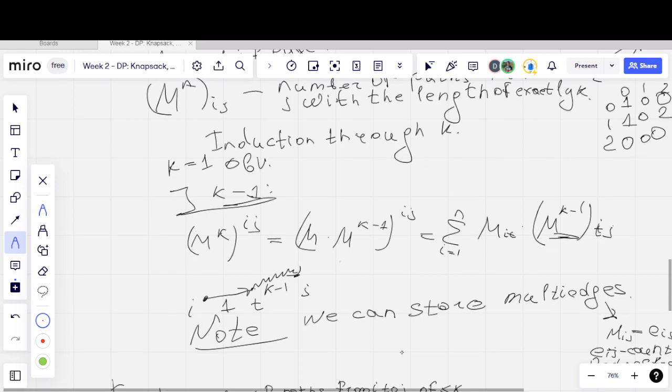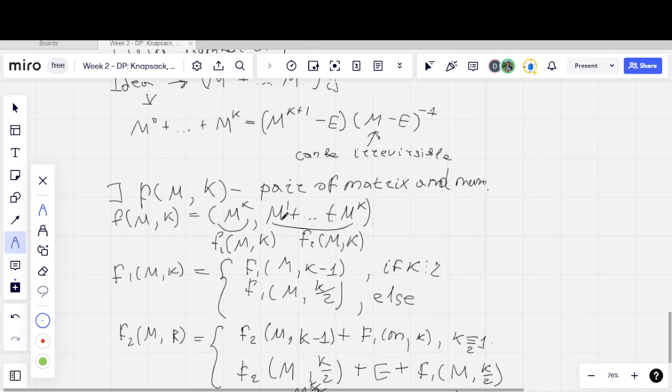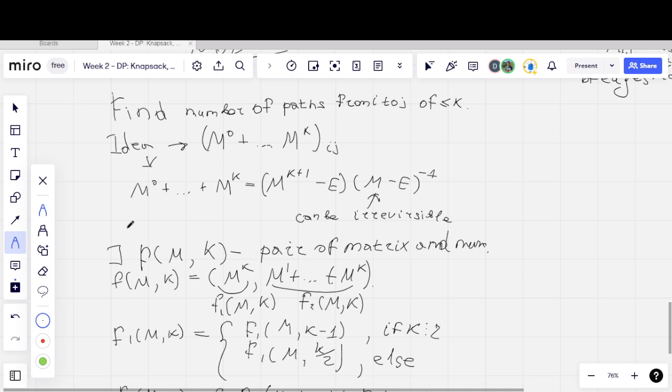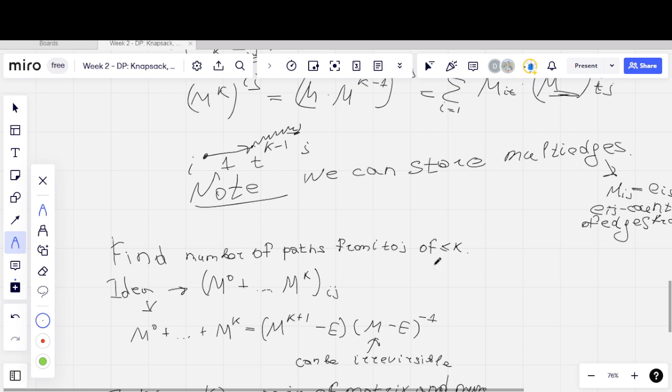I proved it by mathematical induction, and we just find paths from m to the power of null, m to the power of 1, plus so on, plus m to the power of k, and we get the answer for all paths from e to g of length less or equal to k.